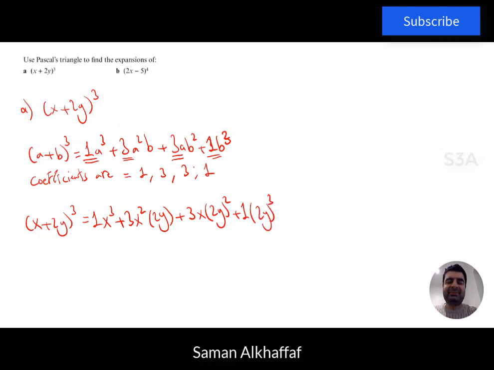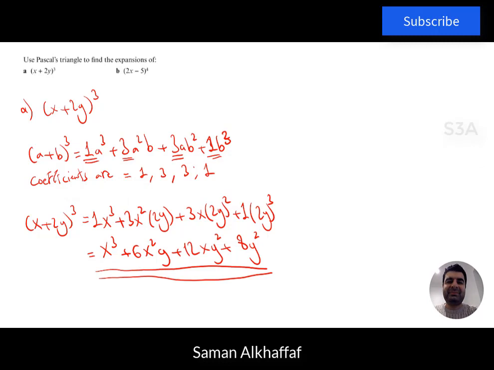To simplify this expression further, that will give us x cubed plus 6x squared y plus 12xy squared plus 8y cubed. And this will be our answer for part A.